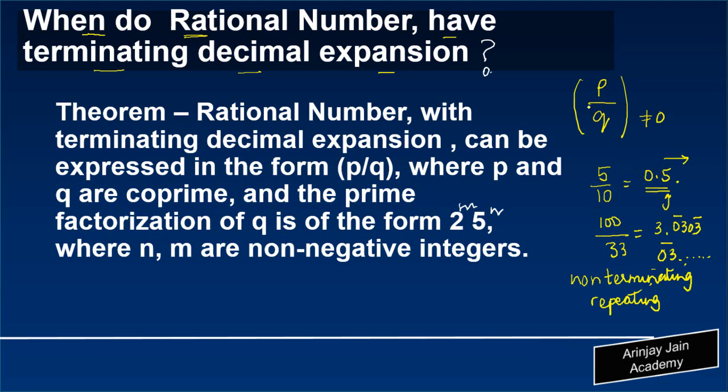So can I say by just looking at a number whether or not it will have a terminating decimal expansion? That brings us to this theorem. What this theorem says is that a rational number with a terminating decimal expansion, like what we had over here, can be expressed in the form p upon q, where p and q are co-prime. If I look at this, are 5 and 10 co-prime?